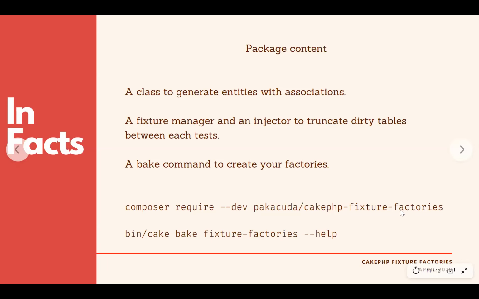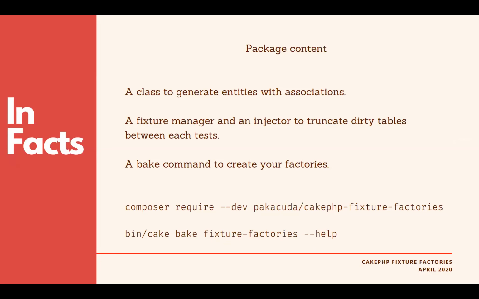So this is the vendor. You can just have a look at fixture factories --help. It will guide you through. I think it's pretty intuitive, and it can help you: when you see a test that you've written a while ago, you see exactly which data you've inserted in your database.